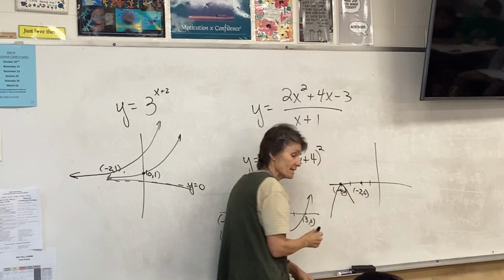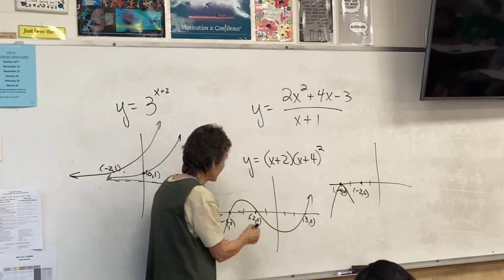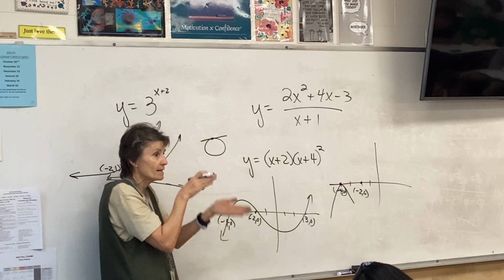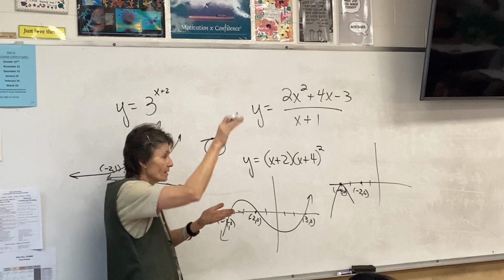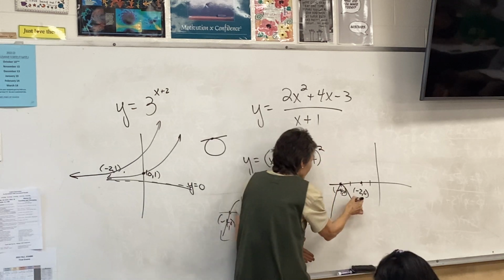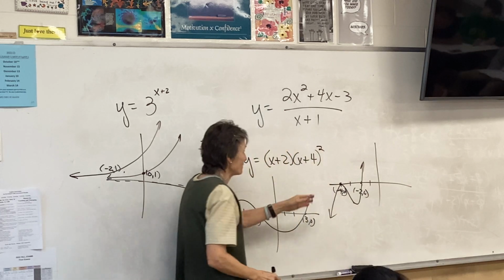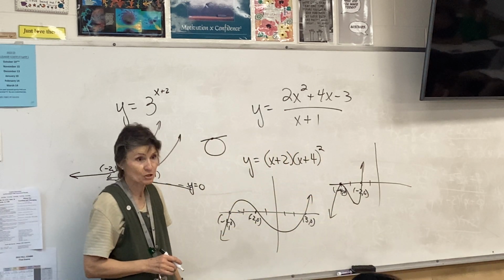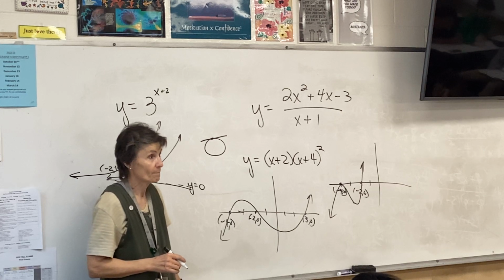We call that a point of tangency. Remember when you studied geometry, you called that line a tangent line because it just touches. That's what's happening here. You're just touching, bouncing off. So where is the point of tangency? Wherever you have a squared factor, because that's going to be a tangent point, right? You're going to bounce off.